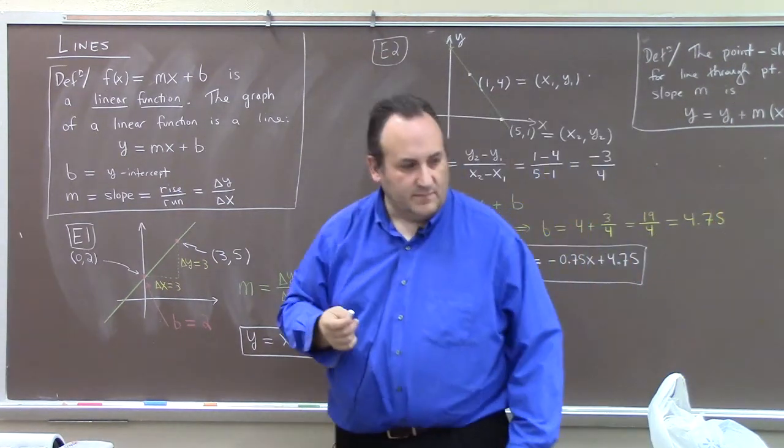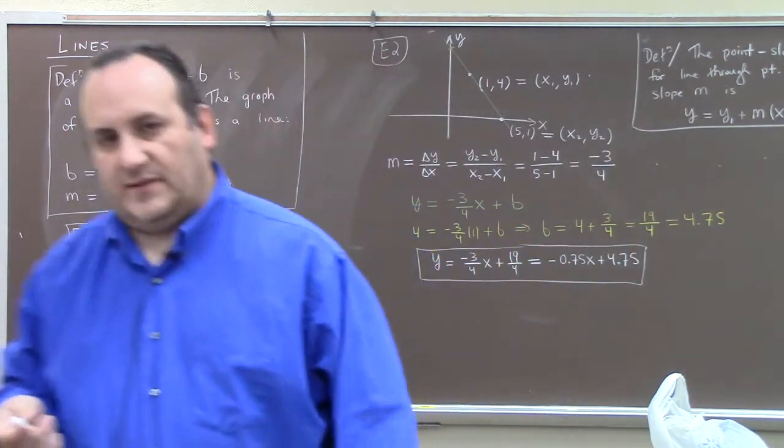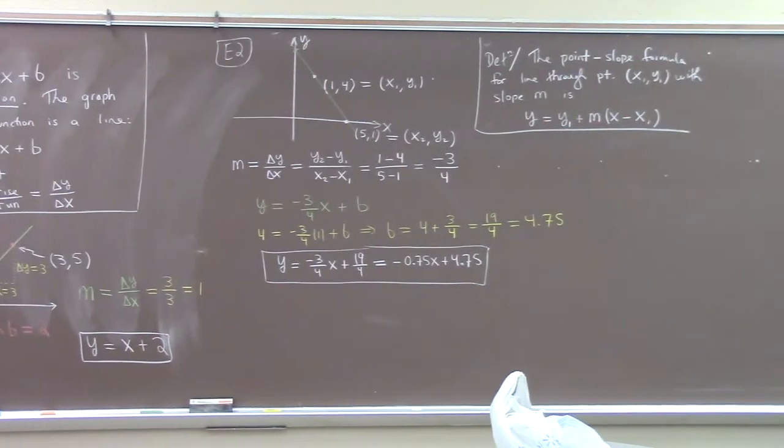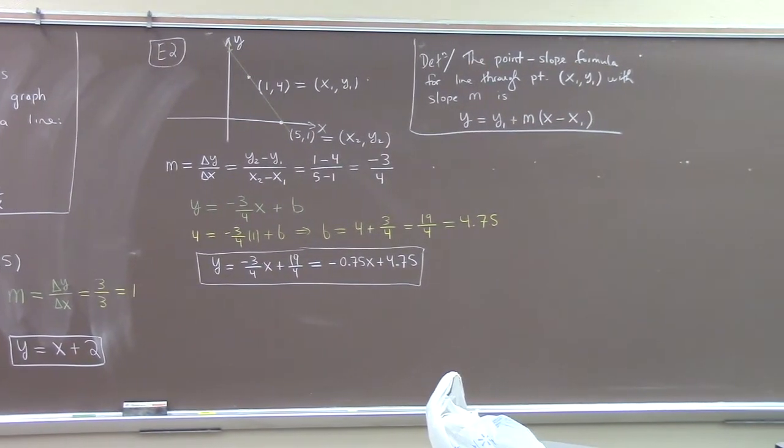This is another way we can write the equation of a line. It's called point slope. The equation that I wrote already in class is called slope-intercept form.